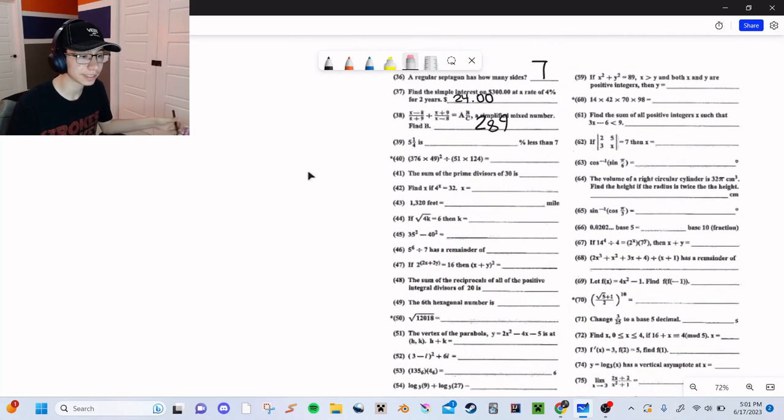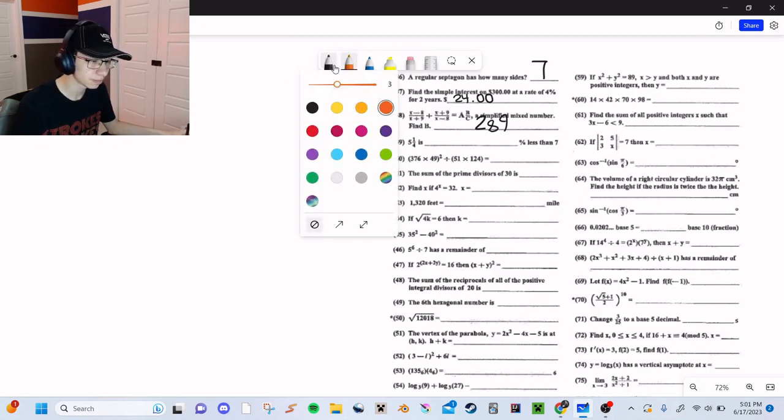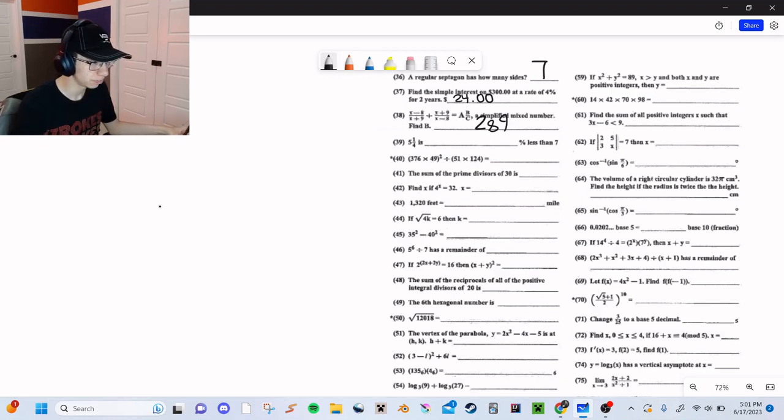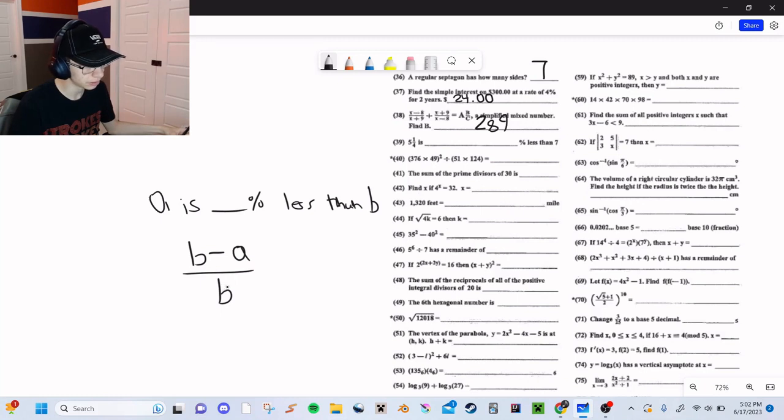And how did we do it last time? What we did last time was, we said if A is blank percent less than B, the answer was B minus A over B, right?